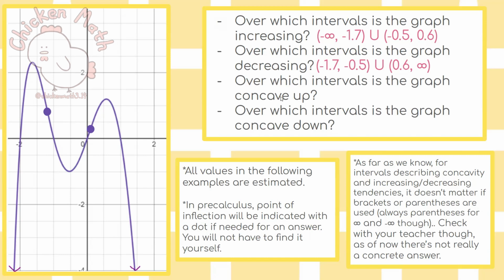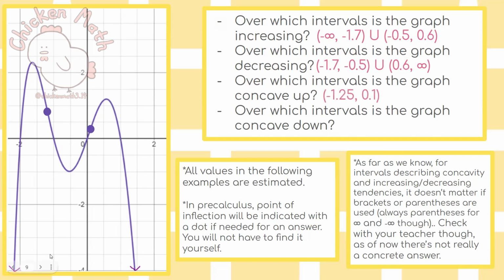All right, so concave up, like a cup. So right here, between these 2 points of inflection, is where it would be concave up. So that is roughly negative 1.25 to 0.1.